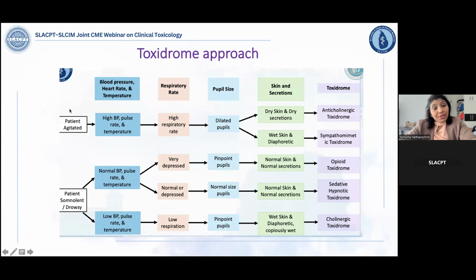If your patient is agitated, there are only two toxidromes possible out of these five. You need to look at the blood pressure, pulse rate, temperature, and respiratory rate. If all these are elevated and your pupil size is also dilated, the only differentiating feature between the anticholinergic toxidrome and the sympathomimetic toxidrome is the skin secretions.